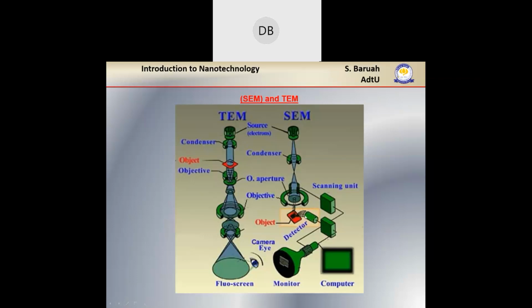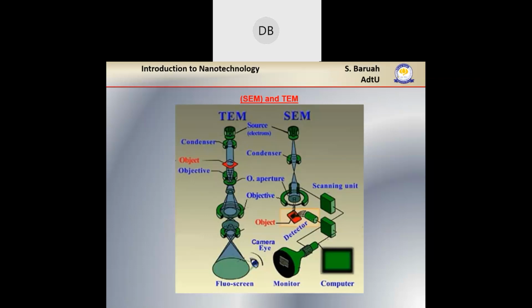So if you sometimes happen to go and look at a sample through a scanning electron microscope, the operator might even ask you which image you want to see. Do you want to see the secondary image, or do you want to see the backscattered image? There are two types of images in a scanning electron microscope.